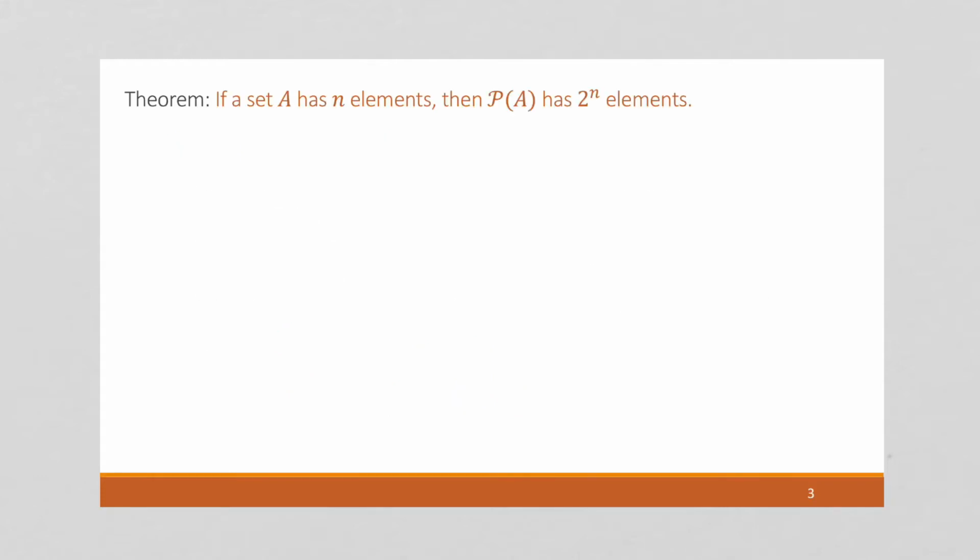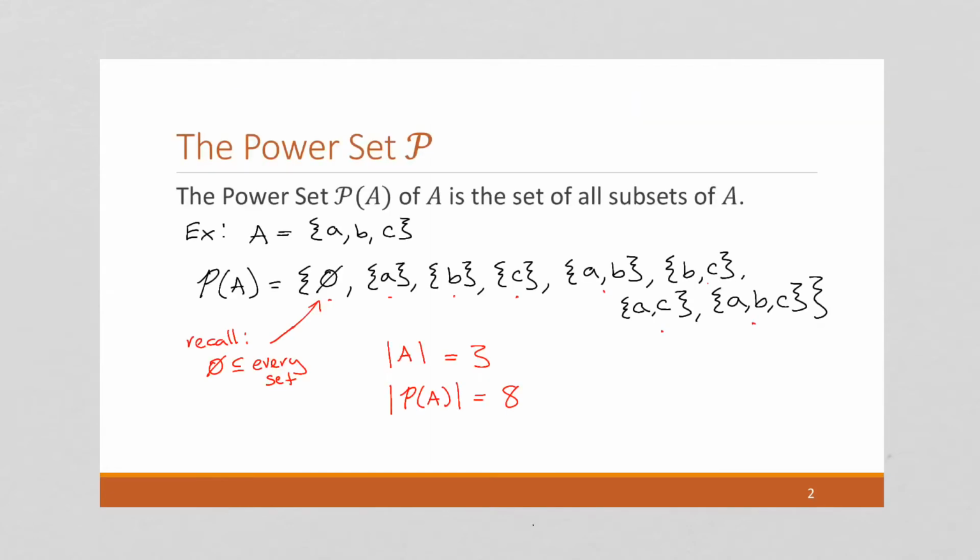So what I'd like to prove is that if a set has n elements, then its power set has 2 to the n elements. Let's see if that works on the previous slide. So here, n is 3.